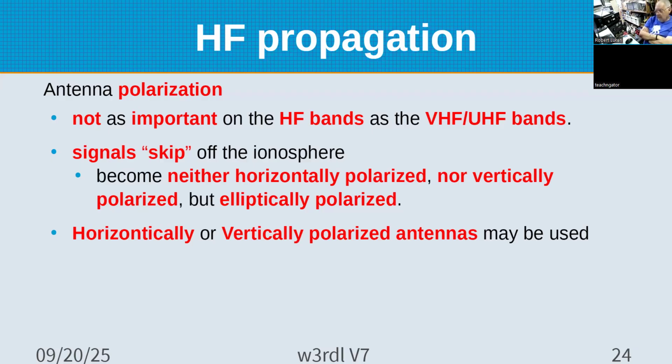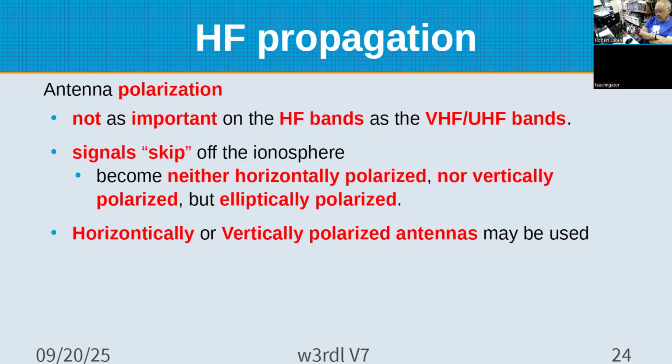You could say circular, but circular is a special case of elliptical where the E field is the same strength as it rotates. Elliptical means that instead of going around in a circle, it goes around in an ellipse where one angle can be greater signal strength than another. And that's an effect of going through the ionosphere and coming back.